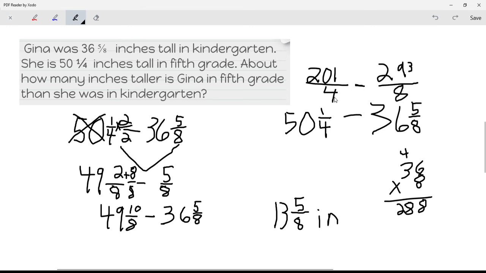Then we need to convert the first fraction into eighths, so we multiply both top and bottom by 2 over 2. 201 times 2 is 402 over 8 minus 293 over 8.